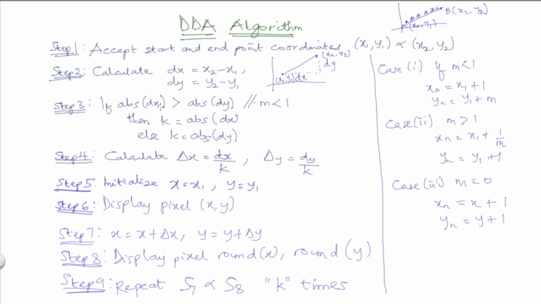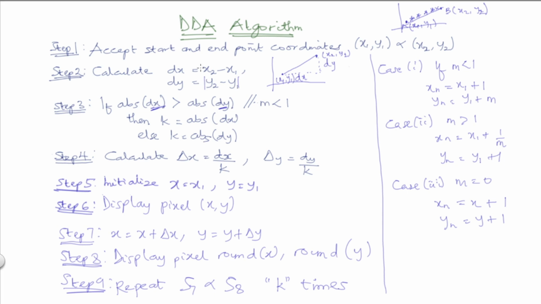Now the next step is to find the absolute values of dx and also dy. By finding the absolute value, it's just the same way. The absolute value for dy, so this is dy. We're finding the absolute value, whatever value we get. This is the absolute value symbol.